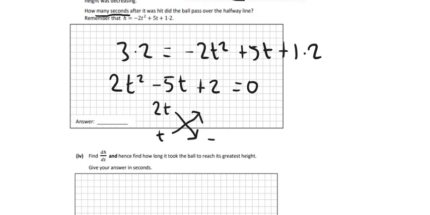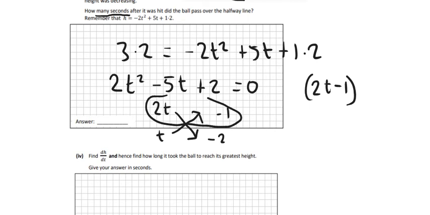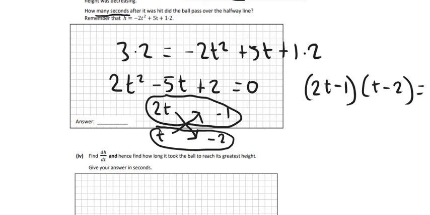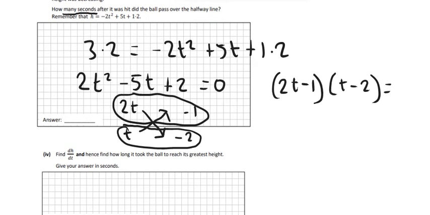So it's going to be minus 2 and minus 1. So that'll work out. So we get 2t minus 1. That's our first bracket, like that. And our second bracket is t minus 2. Equals 0. And then we solve from there.